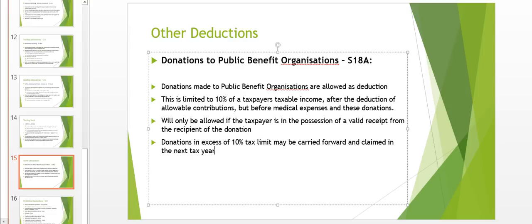But very importantly, you have to have a Section 18A receipt, a valid receipt from this public benefit organization in order for it to qualify as a deduction.